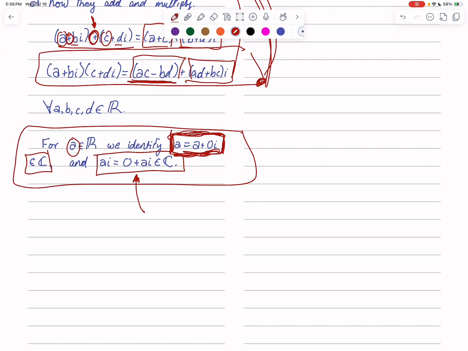But the trick is that we just interpret this as actually being the complex number with real part 0 and imaginary part A. And of course, I, all by itself, technically is not an accepted symbol. It's not a complex number, but we just take this to be shorthand for real part 0, imaginary part 1, and now it's an accepted symbol.